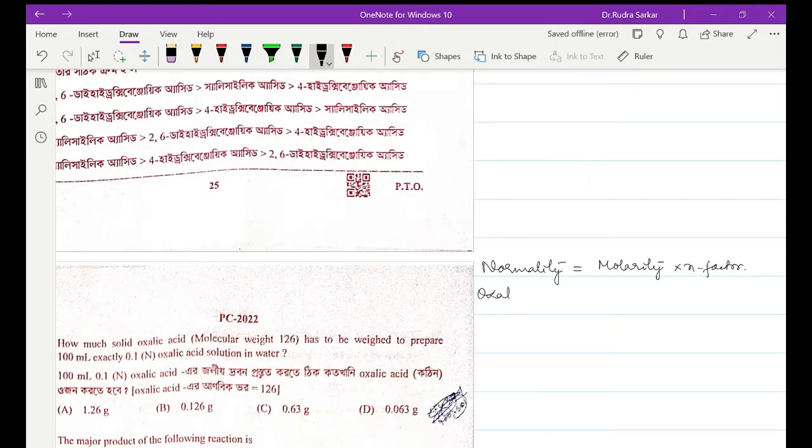Oxalic acid is dibasic, so n factor is equal to 2. So we will say molarity is 0.1 divided by 2, so that is going to be 0.05 M.